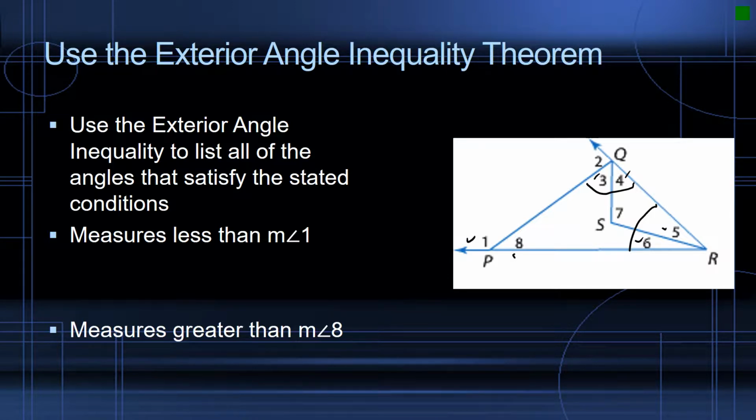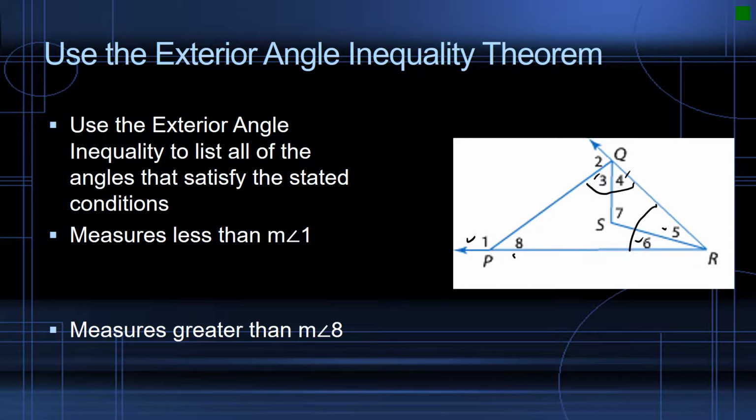Now, taking that a step further is this exterior angle inequality theorem, which means that if you've got an exterior angle, then any one of the remote angles is going to be less than the measure of the exterior angle, or flip that around and say that the exterior angle is going to be greater than the measure of either of the corresponding remote angles.